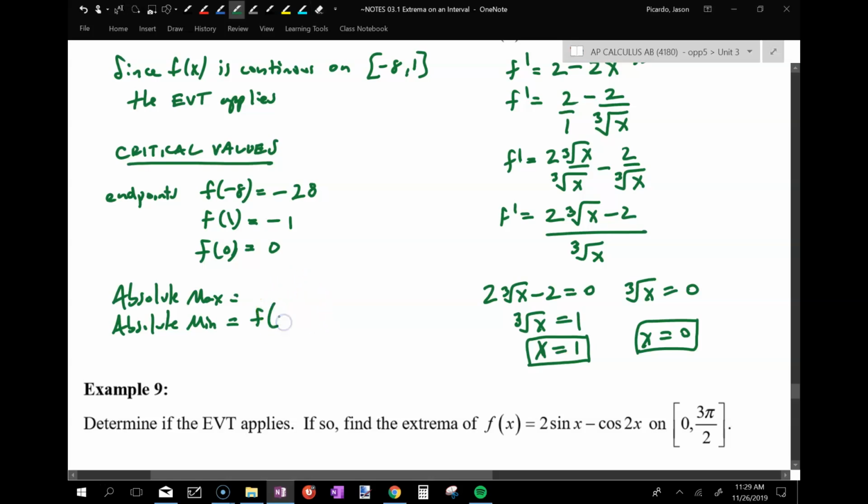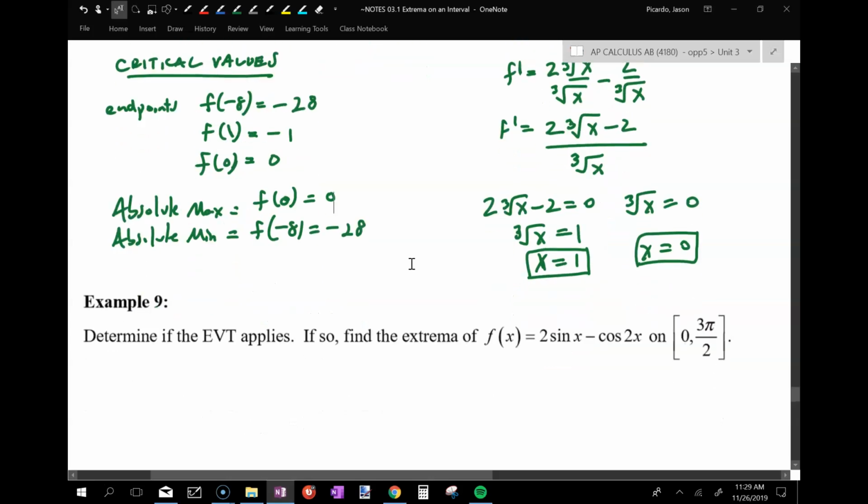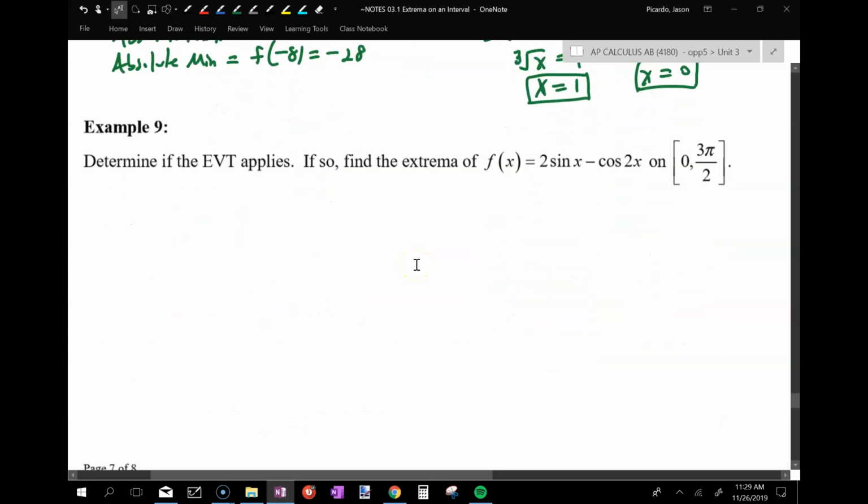At f of -8 equals -28, right? Smallest y value. And then the max would be at f of 0. Seem okay? Right?